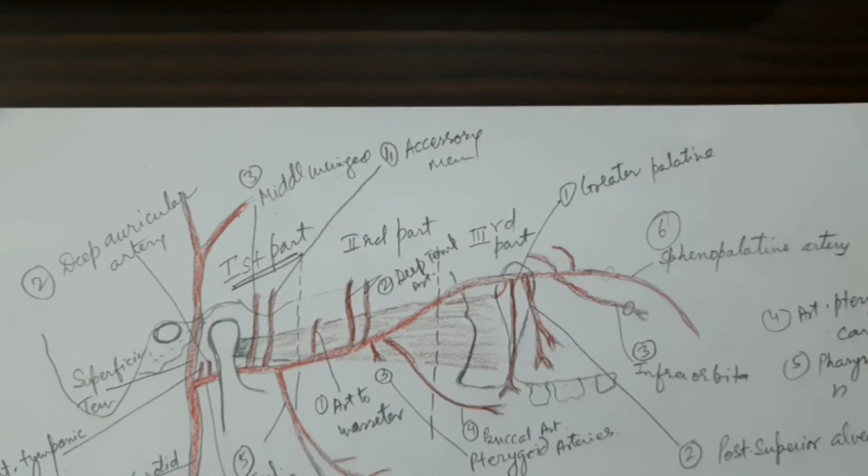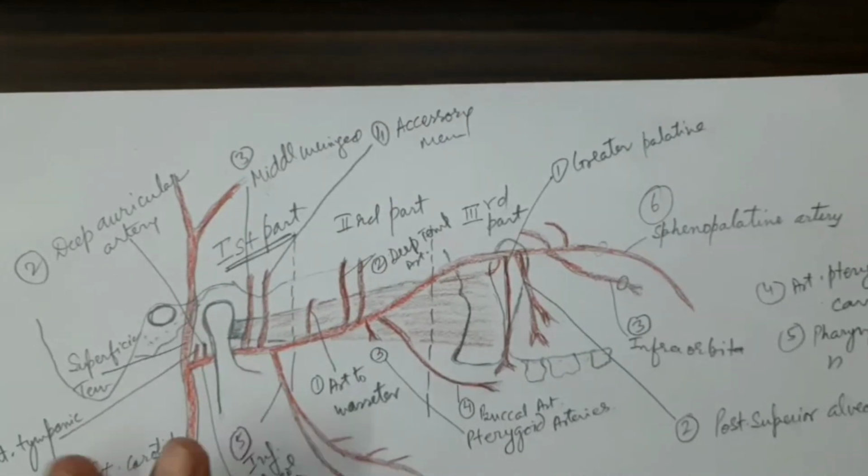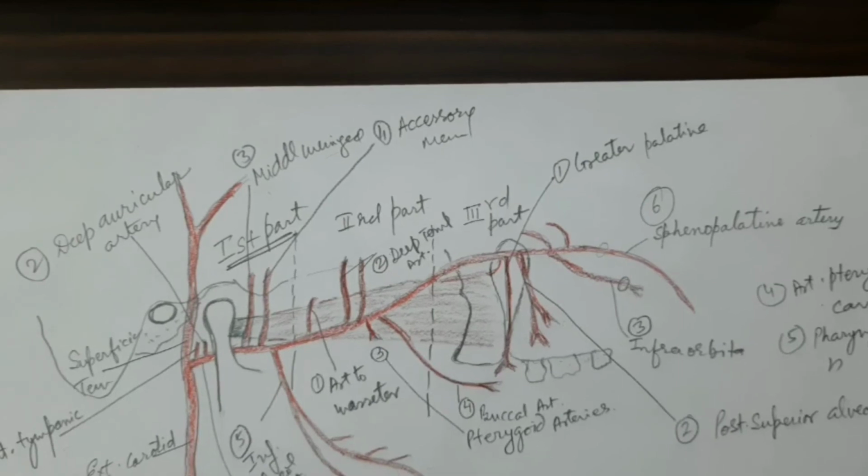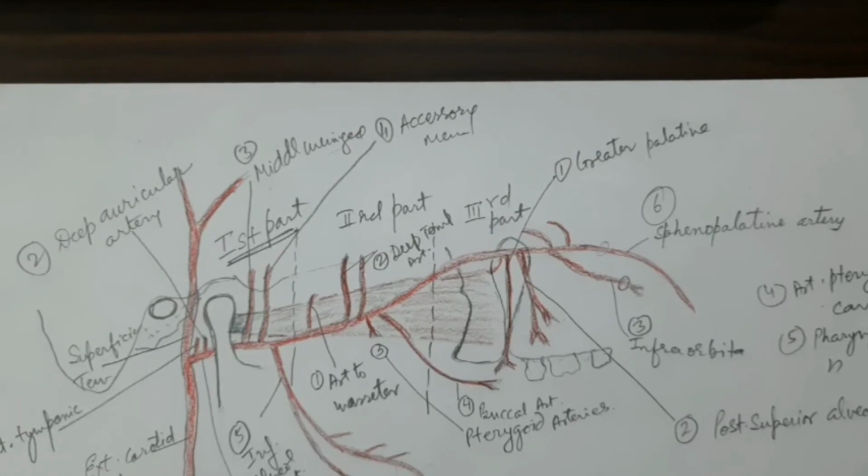The brain will shift to the opposite side, and compression effect will be there. As soon as this clot or hematoma, called an extradural hematoma, is removed, that pressure is removed, and then the condition will return to normal. Otherwise it is a dangerous condition, and may lead to death if it is not treated right.